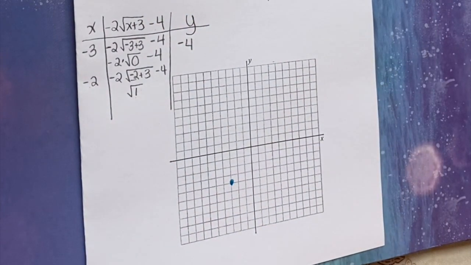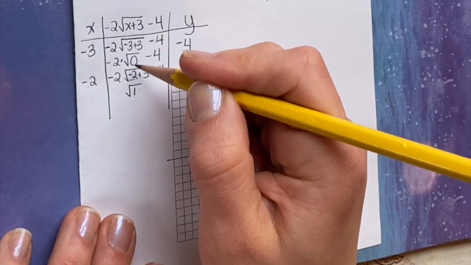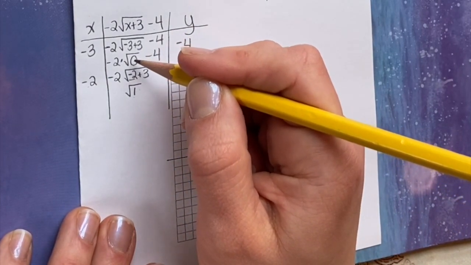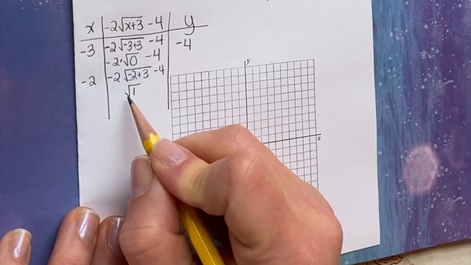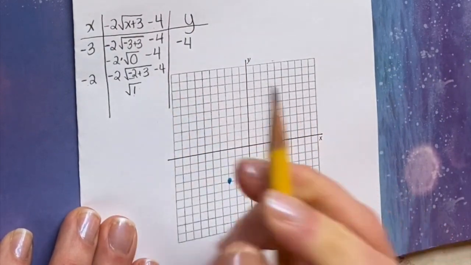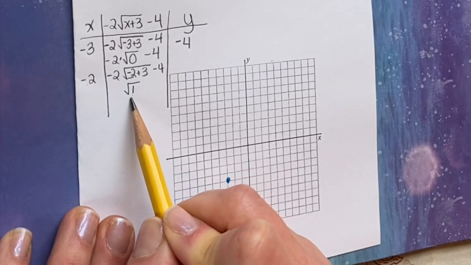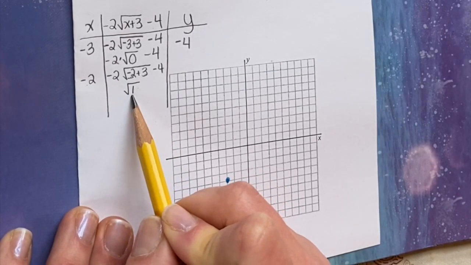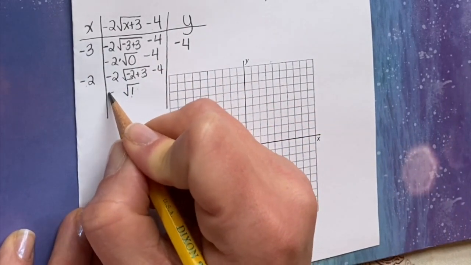So again, just to repeat that, we had the square root of 0. 0 is our first perfect square. Then we want to get our next perfect square, which is 1. So you have to think about what number, when you add 3 to it, will give you 1, because you need to be able to take the square root of this.